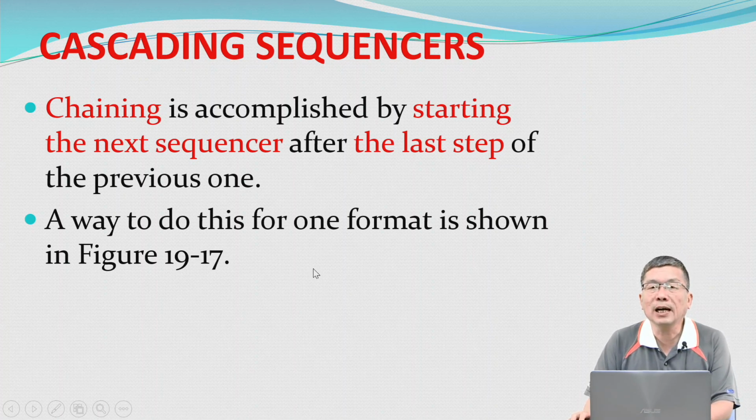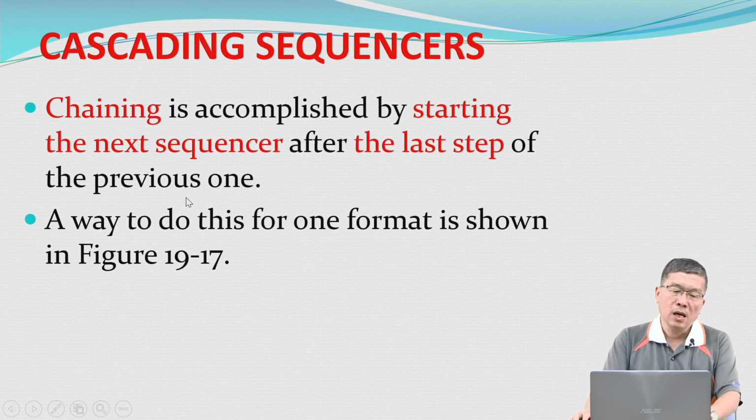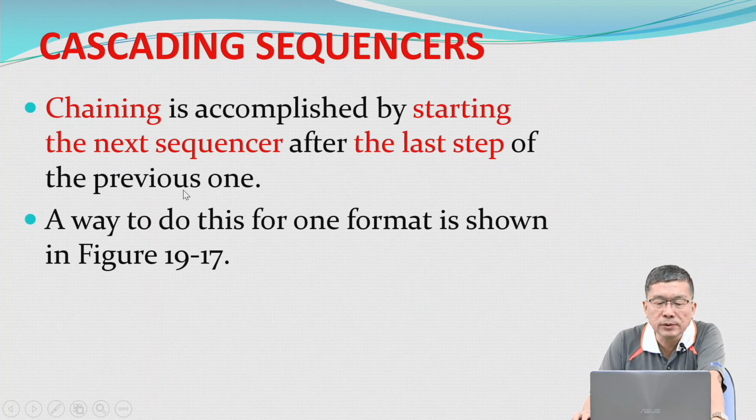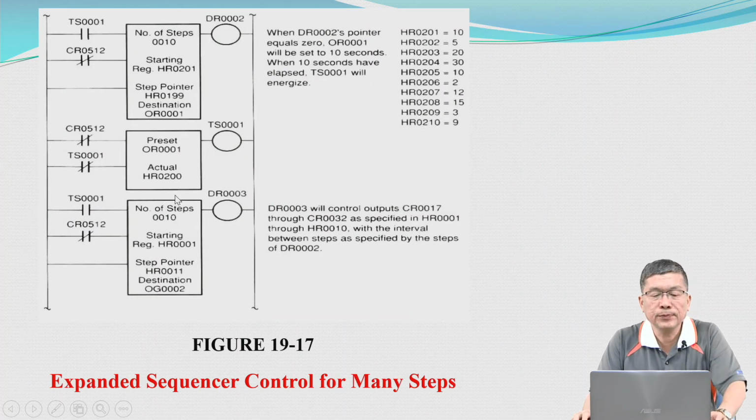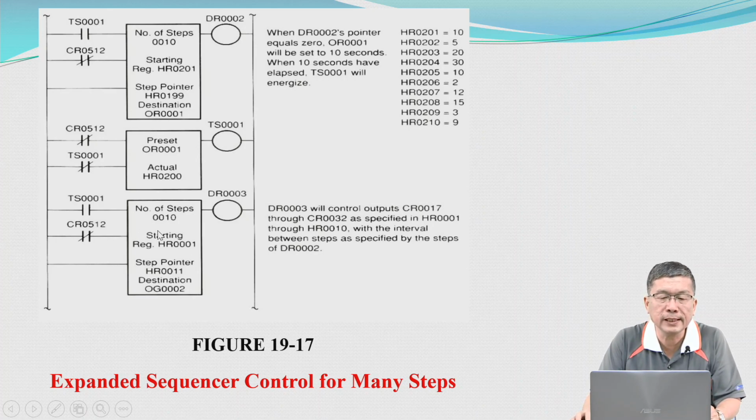Chaining is accomplished by starting the next sequencer after the last step of the previous one. A way to do this for one format is shown in figure 19.17. This figure shows expanded sequencer control for many steps.